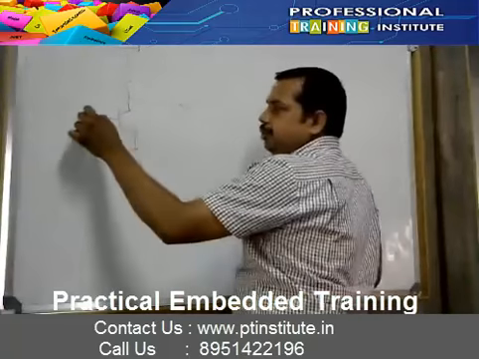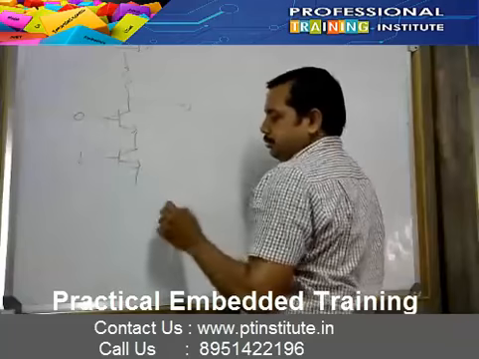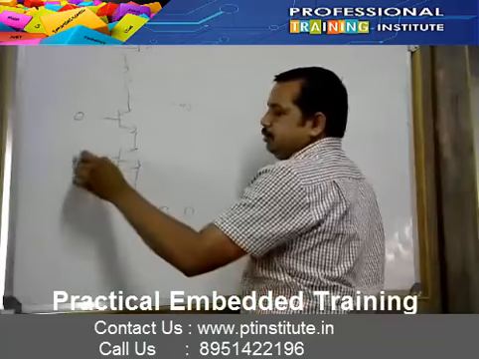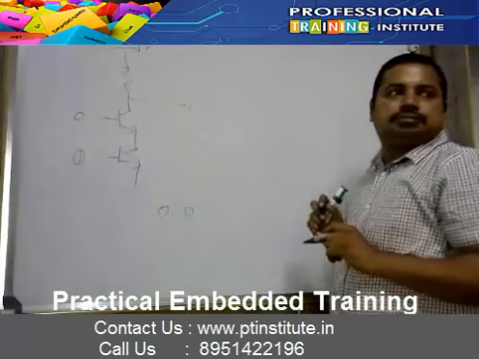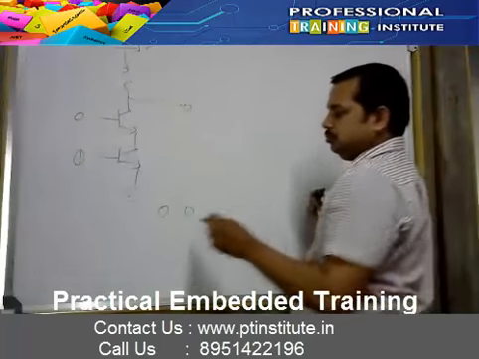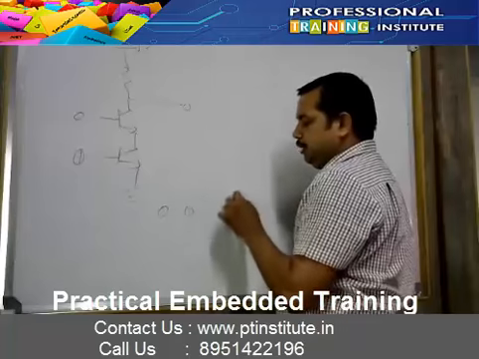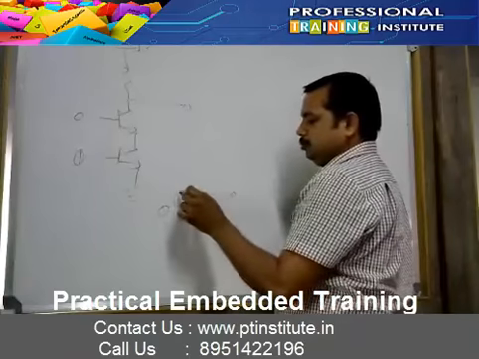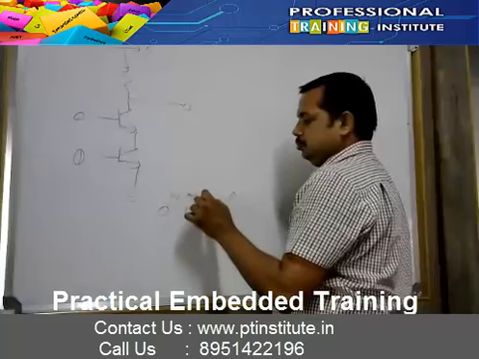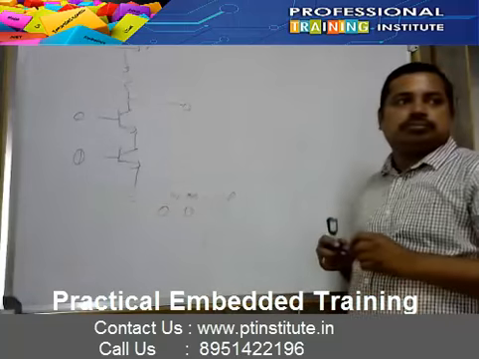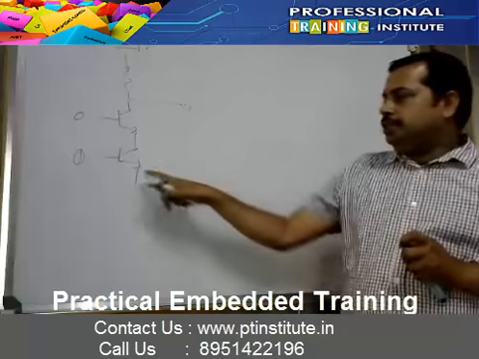If I give 0 input here and 1 input here, first I will give 0 0. What output will I get? 0 0. What is my output? Will this work?